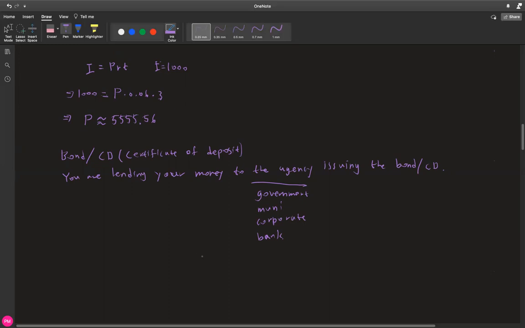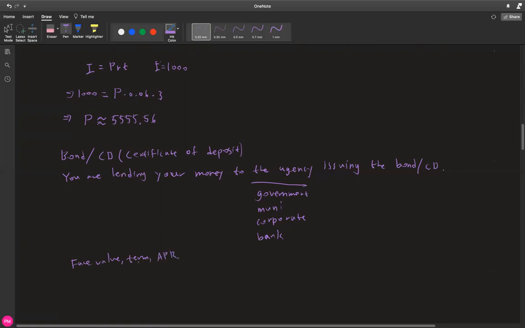And typically the bond or CD is defined by the face value, the term, and APR.